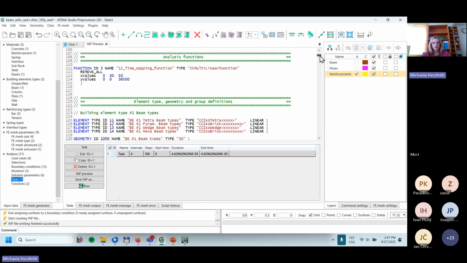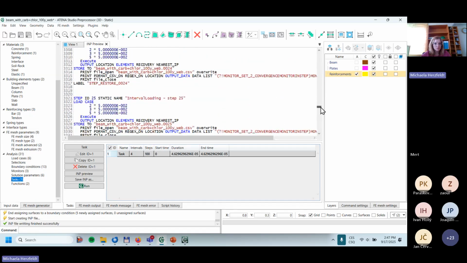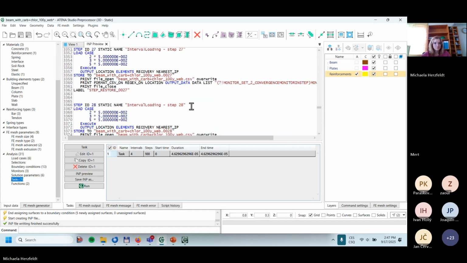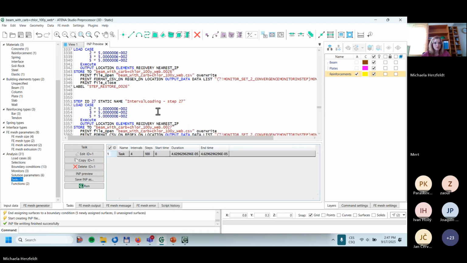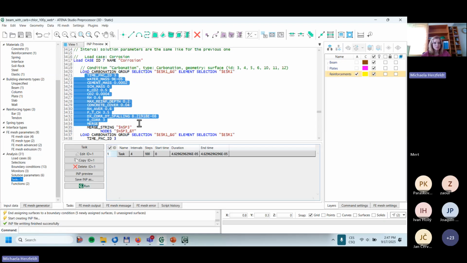You can change it, of course, but everything written in here should be converted to those units. When I scroll down a little bit to the part where we have 730, here is carbonation, and there will also be the chloride boundary conditions. So here you have all the parameters that are necessary to define the load.